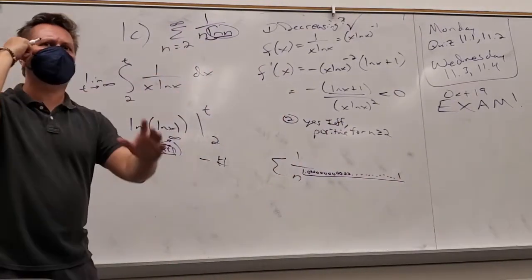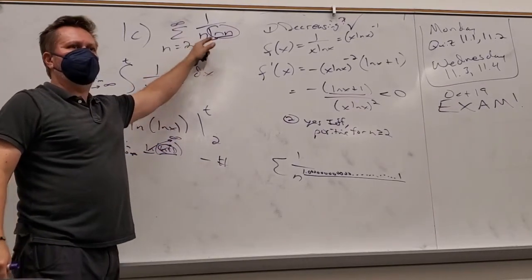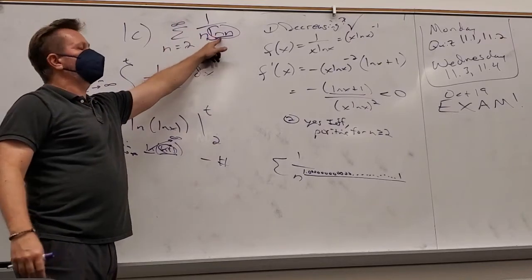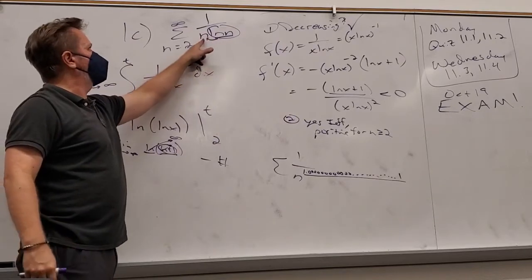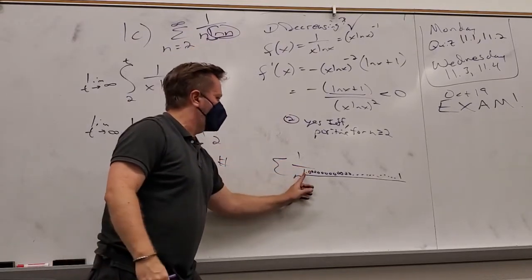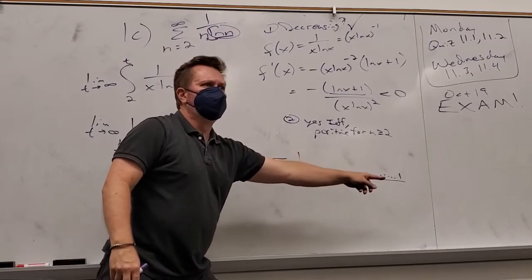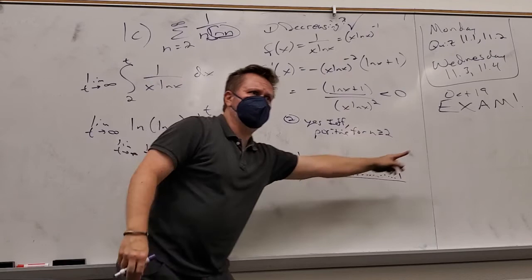Natural log of n effectively doesn't help. This still diverges. Natural log of n grows so slowly, it doesn't help push this over, even though I would just have to make the power become that. Remember, 18 billion to the billionth zeros, right?